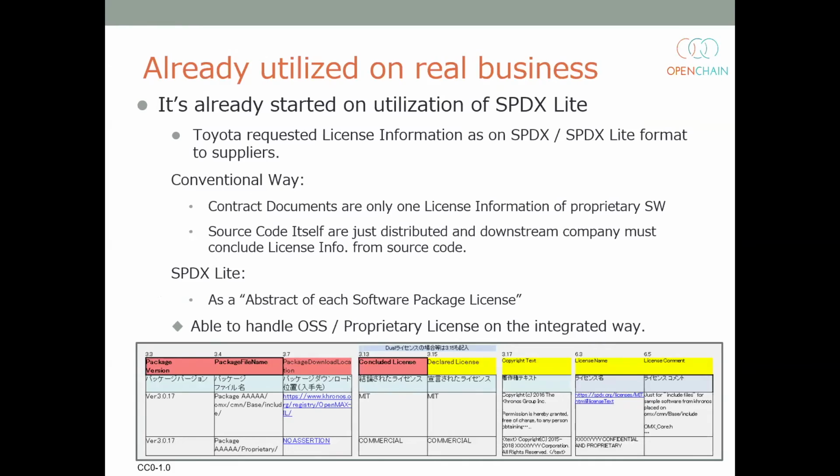So the supply chain for Toyota consists of many software companies like Panasonic, Denso, Denso Ten, and Renesas, and many companies join in the single or a few supply chains. So each of those companies will use SPDX or SPDX Lite in real software development business.